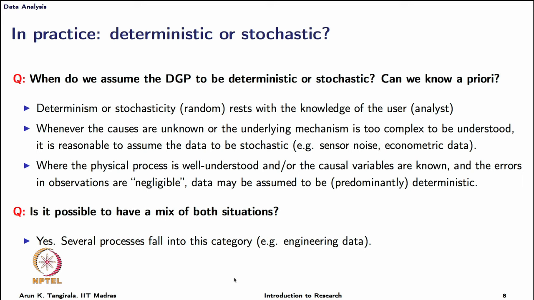Well, unfortunately, there is no perfect formula for you to figure out whether the data is coming out of a deterministic or stochastic process, but you have to go by how much you know vis-a-vis how much you do not know, right, about the process.